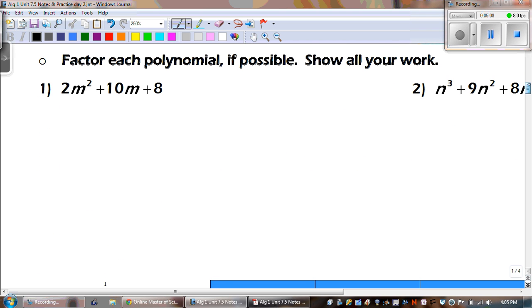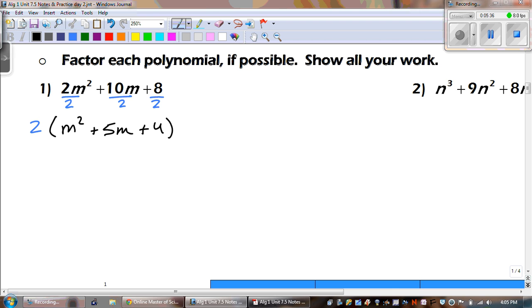All right, so it says factor each polynomial if possible and to show all your work. So number one, the first step is to check to see if there's a GCF, and there is. We can divide everything by 2. So the 2 comes out front, and then we're left with m squared plus 5m plus 4.